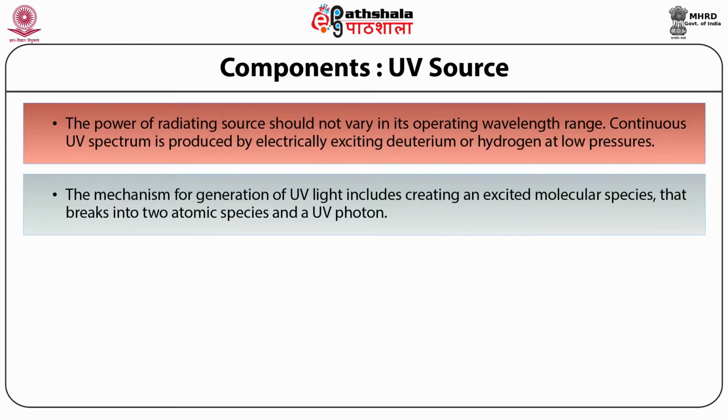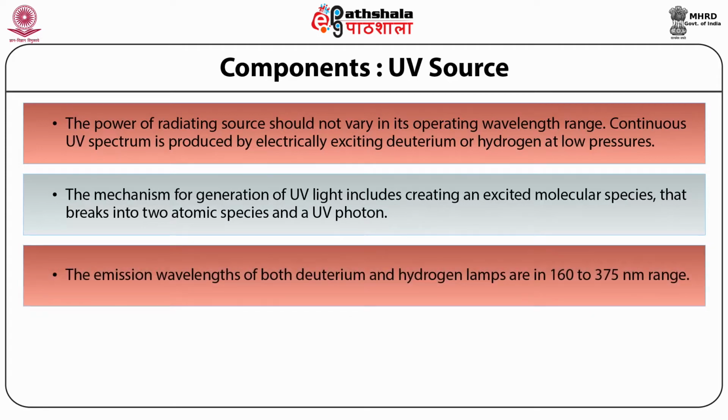So the mechanism for the generation of UV light includes creating an excited molecular species that breaks into two atomic species and a UV photon. The emission wavelengths of both deuterium and hydrogen lamps are in the 160 to 375 nanometer range.